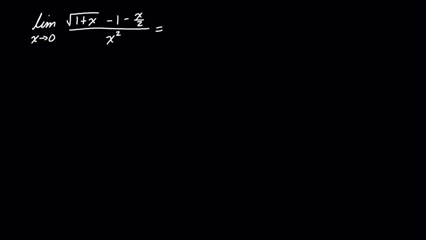All right, let's take a look at the next problem here, which is a very similar equation to the previous one. And so if we work this out, we would say the limit as x approaches 0 of the numerator, which is (1 plus x) to the 1/2 minus 1 minus x over 2.